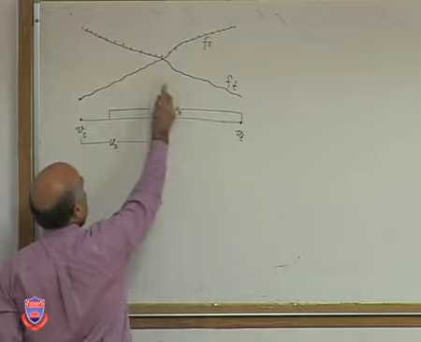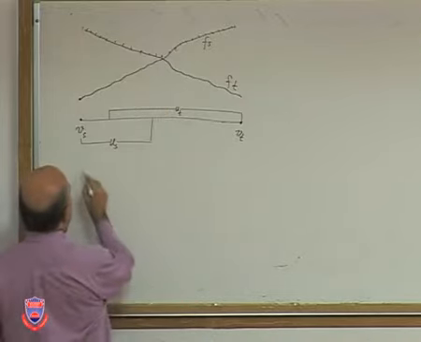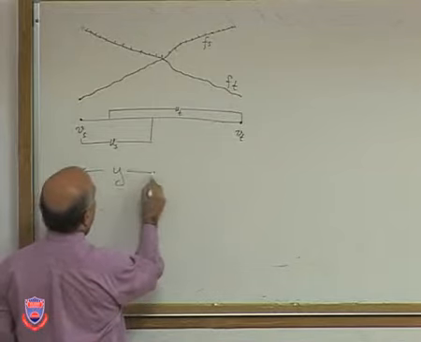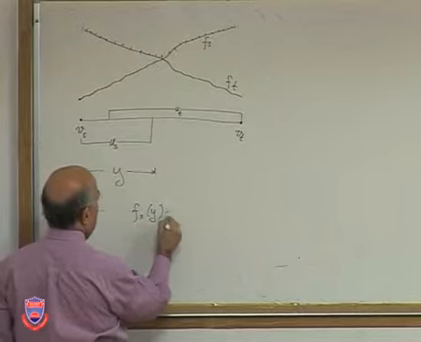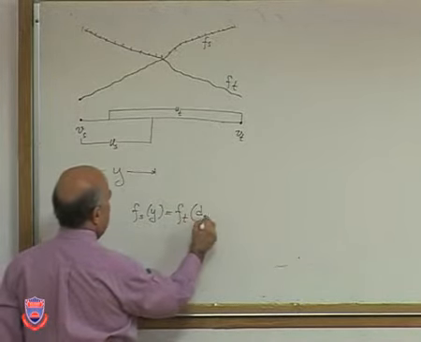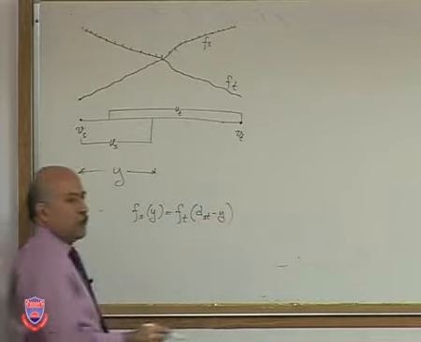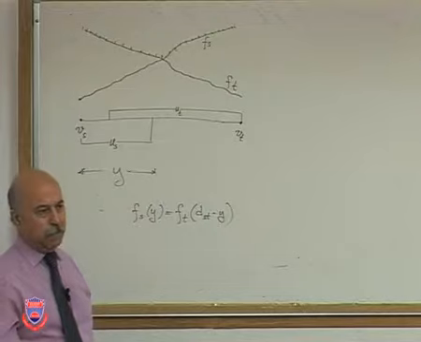It is the point where fs of the distance is equal to, so if this is y here, then that point will be defined by fs of y being equal to ft of dst minus y. So you just solve for that and compute what y is supposed to be. Okay?